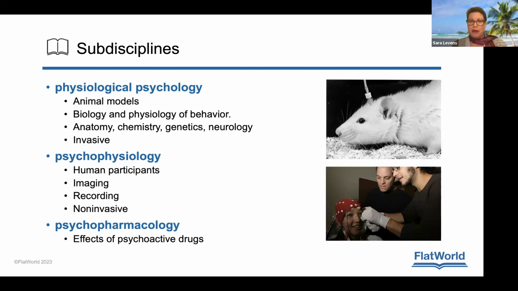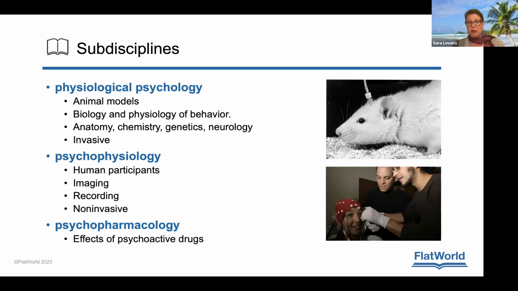Right, so some of the various subdisciplines. We have physiological psychology, which includes animal models, biology and physiology of behavior, anatomy, chemistry. So we have the psychology behavioral elements, but looking at the physiological systems that are going to underlie those behaviors. And then you have psychophysiology, which basically just uses different approaches.